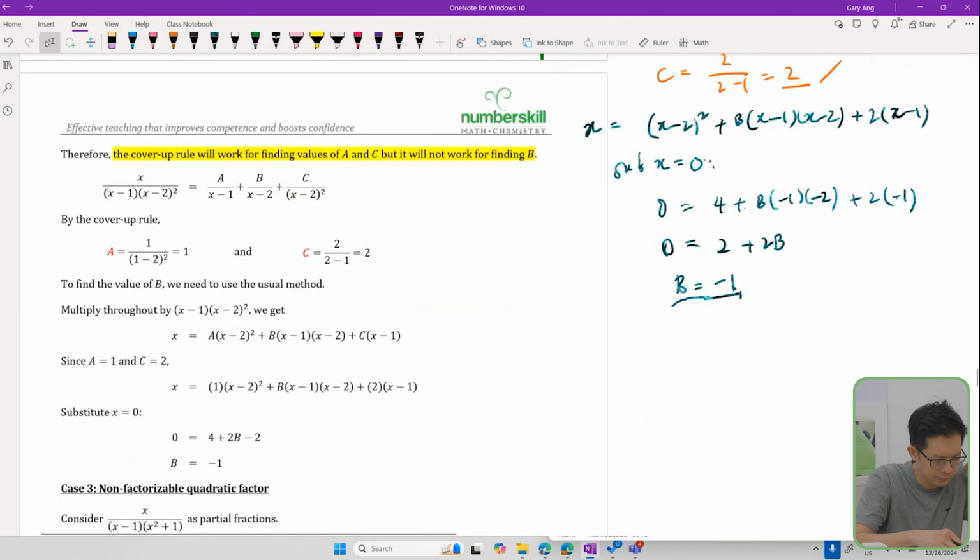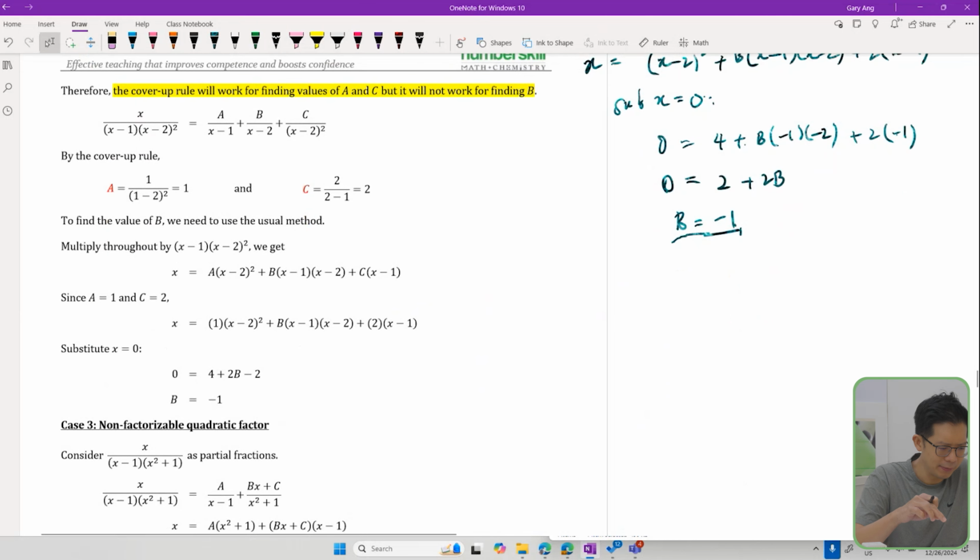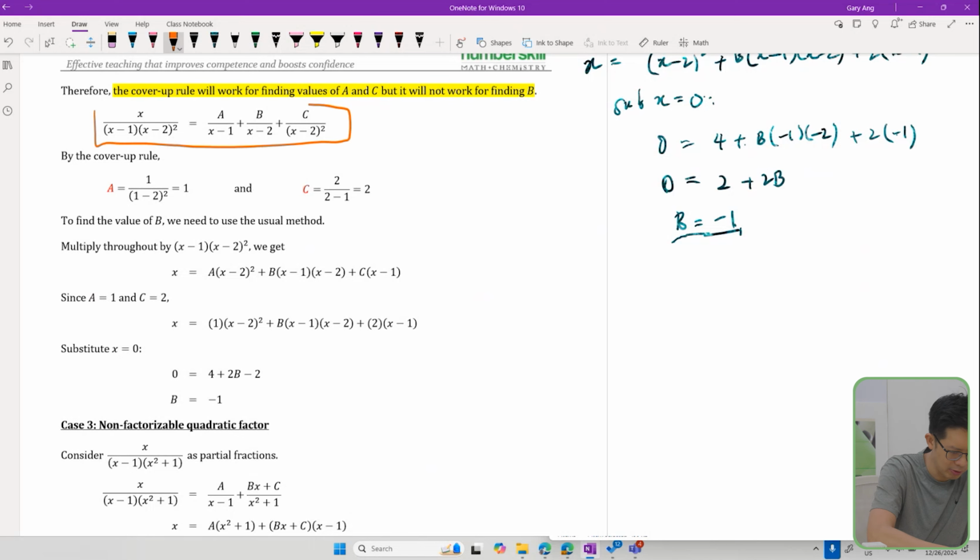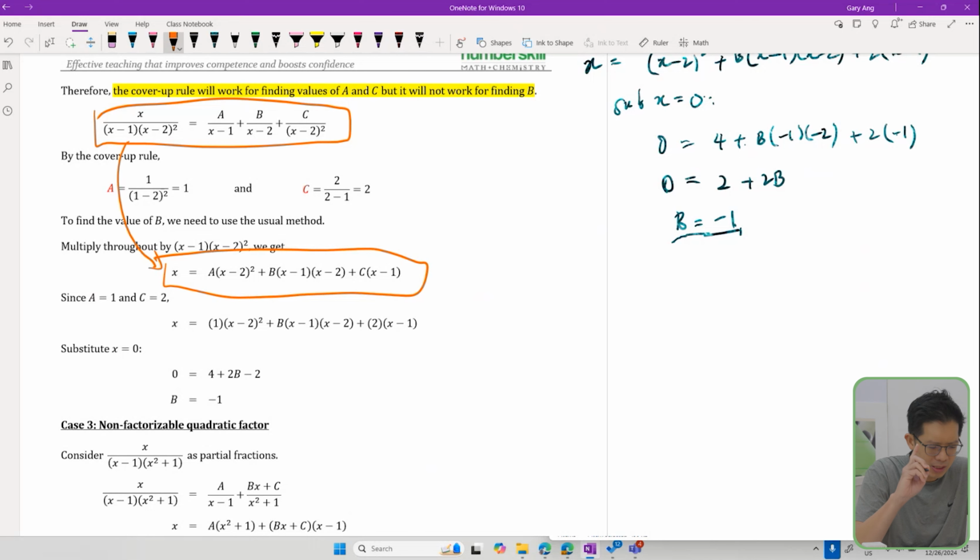That's because if you try to multiply throughout, for example right here, after we split into the individual fractions and multiply throughout, we're going to end up here. I'm just going to use one of these lines for our discussion. Now, think about it for a moment.